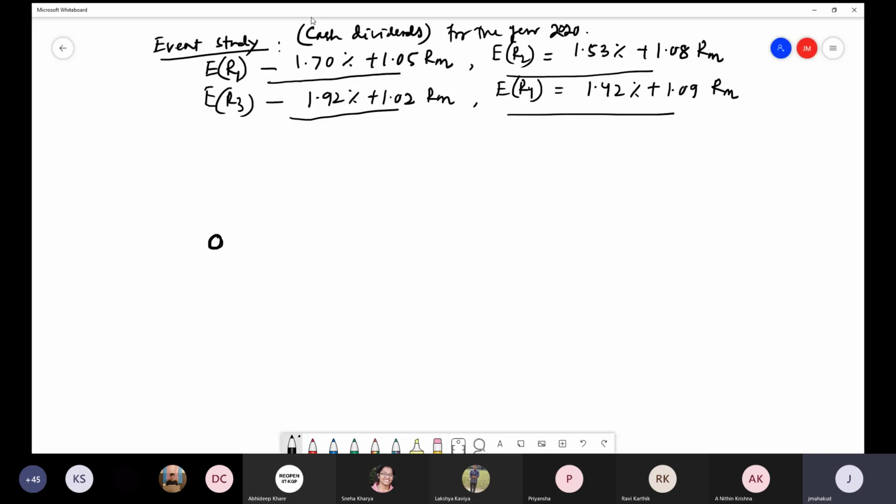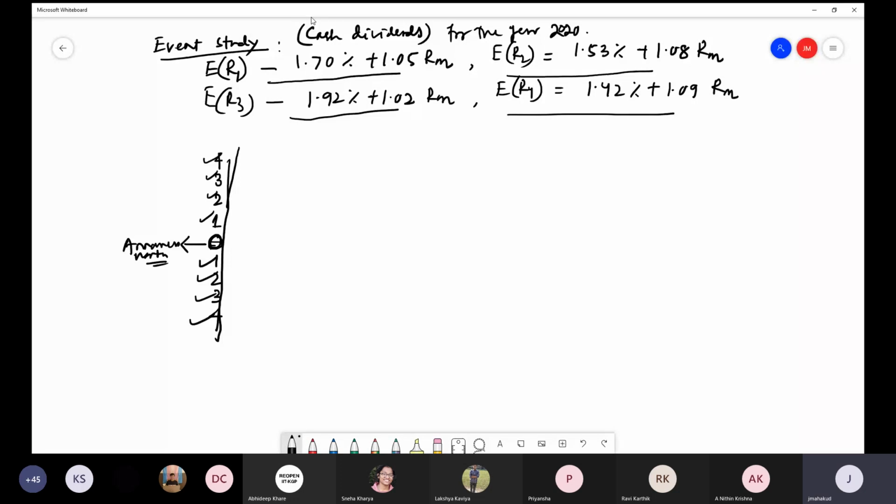And we also take the periods after 1 month, after 2 months, after 3 months, after 4 months, then before 1 month, before 2 months, before 3 months, before 4 months. This is the announcement month, which is the 0th month. Then we divide this analysis into 2 parts: before 1, before 2, before 3, before 4, and after 1, after 2, after 3, after 4.